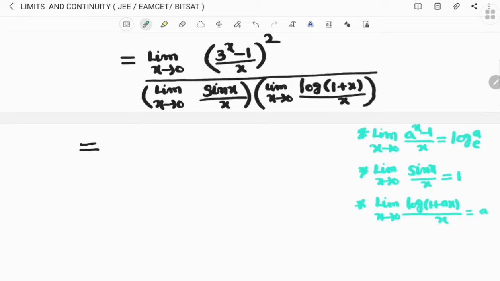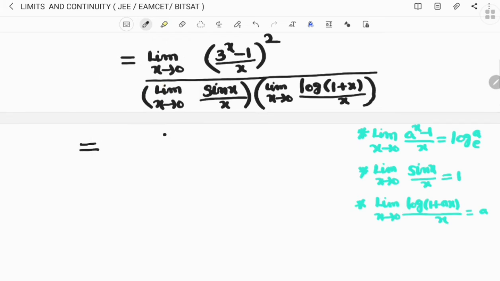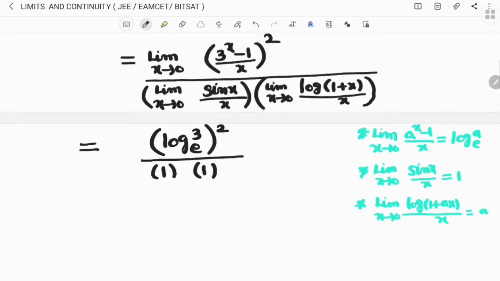So for the numerator, the value will become what? Here a value is 3, so log 3 to the base e whole square, divided by limit x tends to 0 of sin x by x, whose value is 1, and limit x tends to 0 of log of 1 plus x by x. The x coefficient is how much here? 1. So that value is also 1.